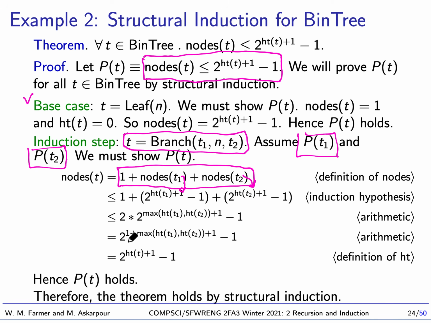And this is the same as 2 to the 1 plus this, minus 1. And this is the definition here of the height of t. And that's what we needed to show. And we know the proof or theorem holds by structural induction.